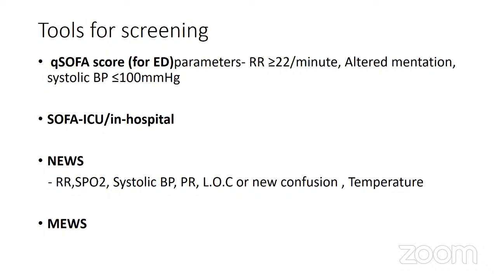alone. The other thing is these screening tools are probably not going to help a lot in some special populations like pregnancy, because the physiology of pregnancy is different, and basically normal pregnancy parameters overlap with the criteria for sepsis.